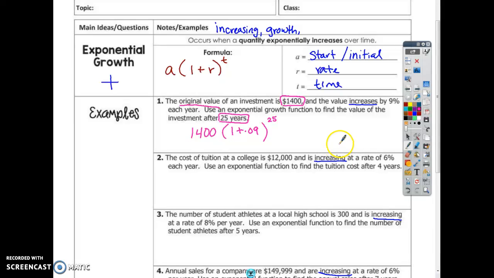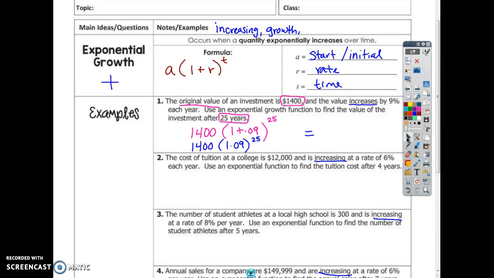So you can put this whole thing in the calculator and it'll do it for you, just like that. Or you can go ahead and add them. That's 1.09. So this is the same thing as 1,400(1.09) to the power of 25, just like we did yesterday, and that will give you an answer.